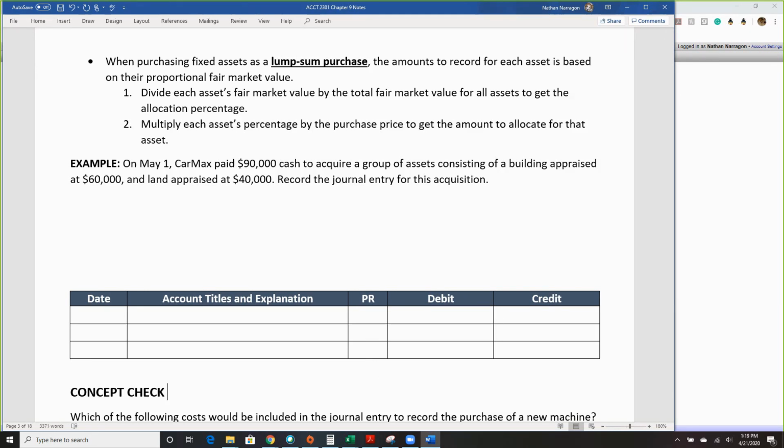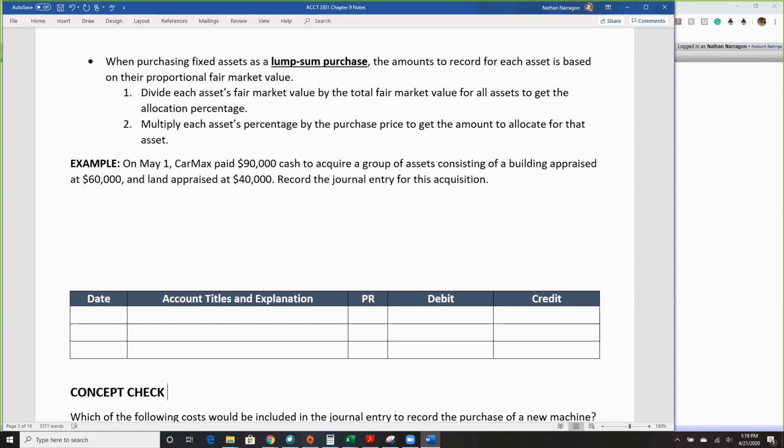Every now and then, you may have what is called a lump sum purchase. Okay? Lump sum purchases are basically bundle deals. You know, when we go out in the real world and we want a bundle, and we actually pay less than what it would be for them separate, that's what this is. It's a bundle.